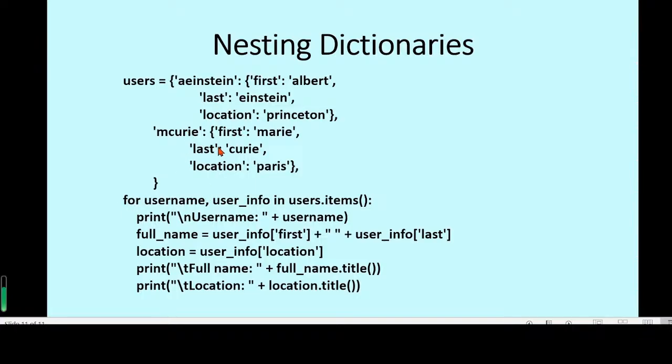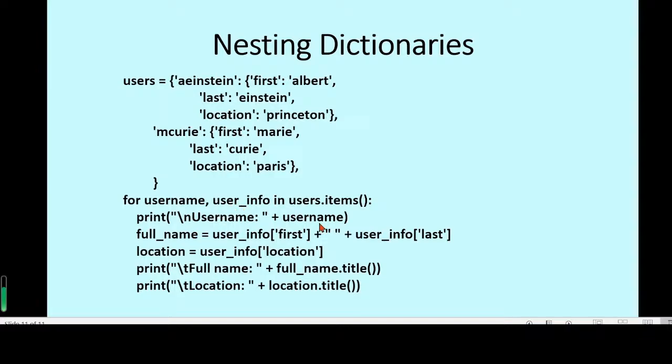Inside each dictionary value, there are 3 pieces of information: the first name, last name, and the location for this person. Next, we can write a for loop. First use the items method for users. Users is the main dictionary. Then items will get the username and the user info pair.